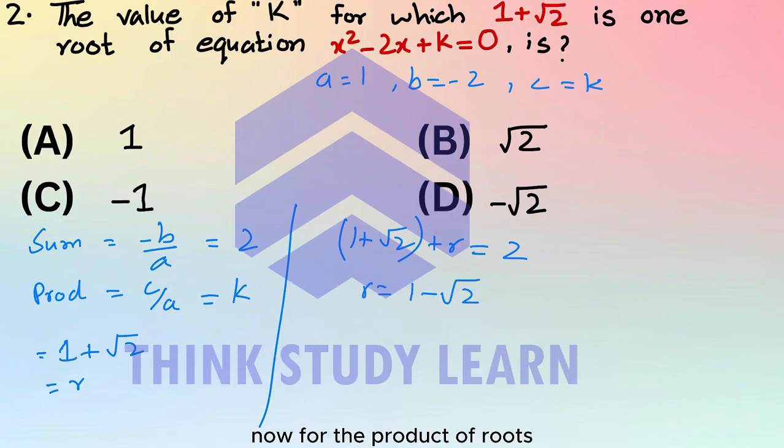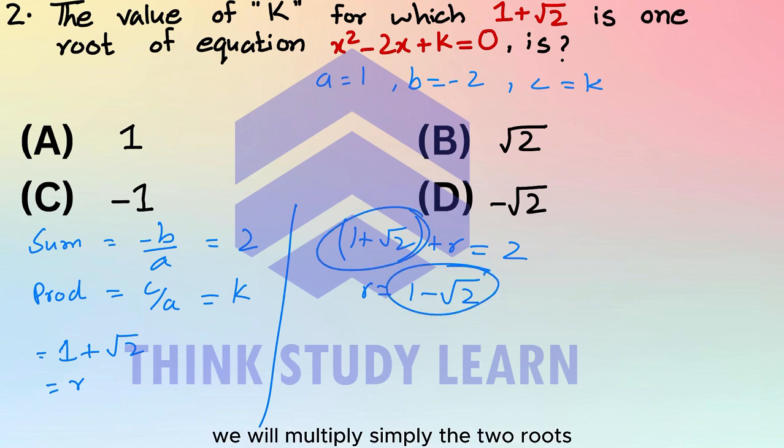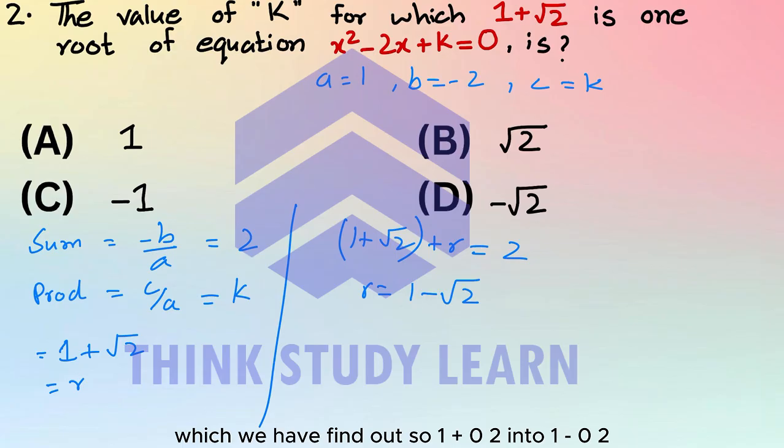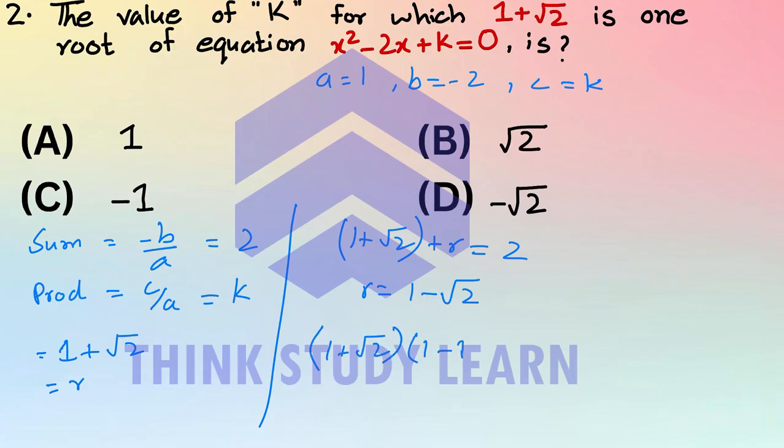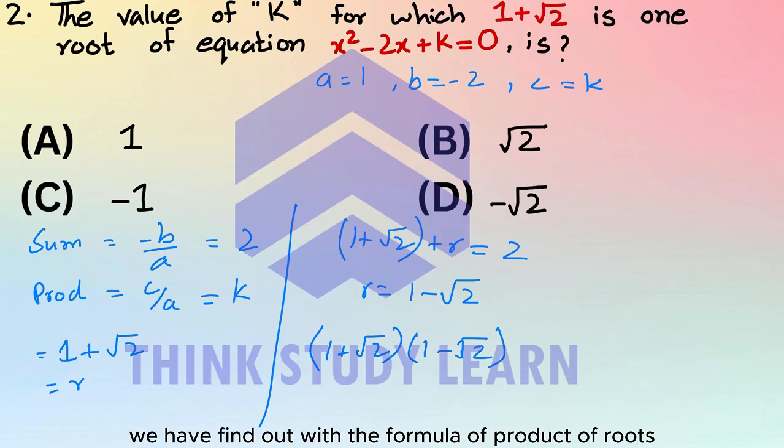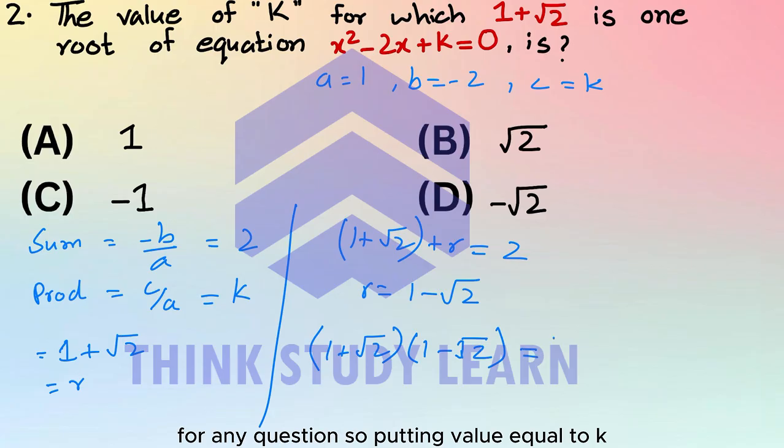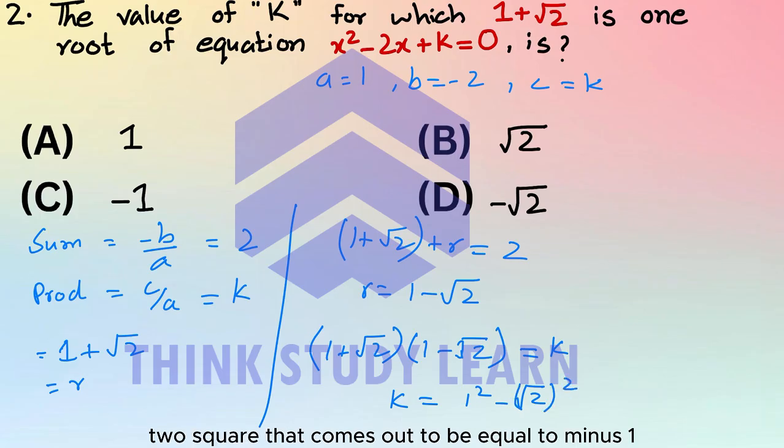Now for the product of roots, we will simply multiply the two roots which we have found. So (1 plus k root 2) into (1 minus k root 2) is equal to k, as we found with the formula of the product of roots. So putting the value, we will get k is equal to 1 square minus root 2 square, that comes out to be equal to minus 1. So C option, minus 1, is the right answer.